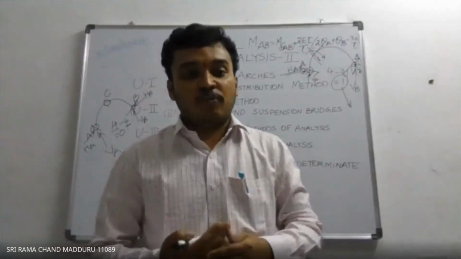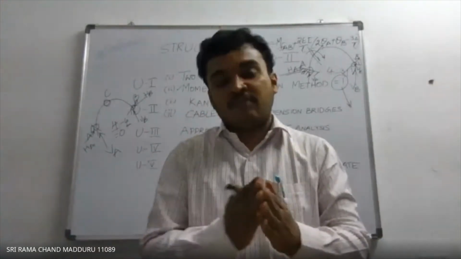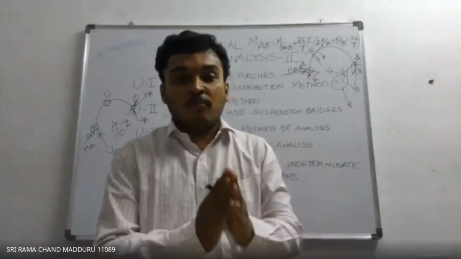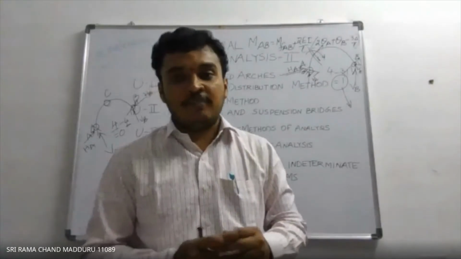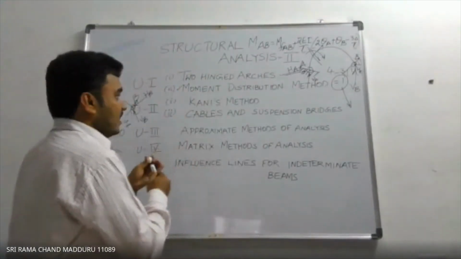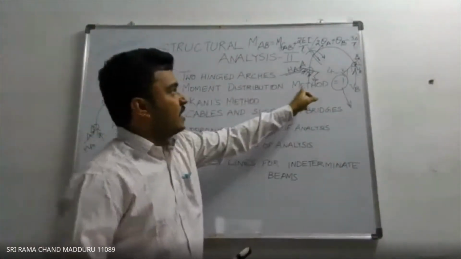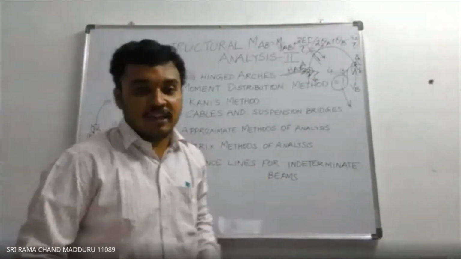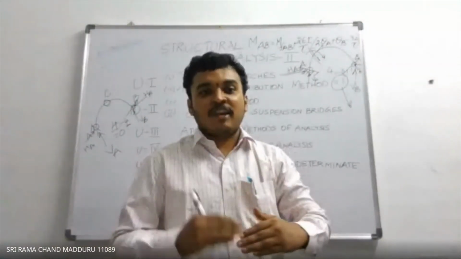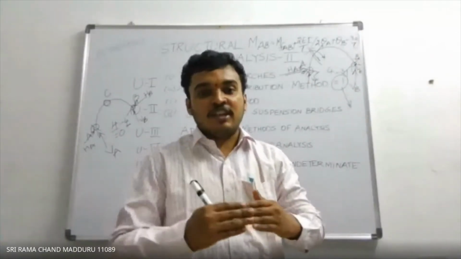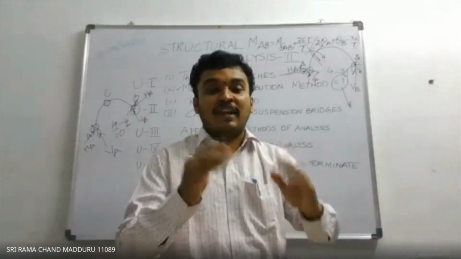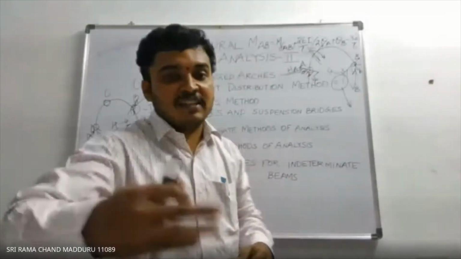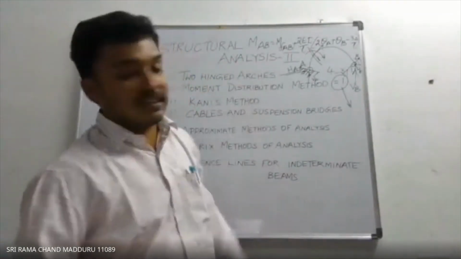That iterative process is done by the moment distribution method. This moment distribution method simplifies the method that is done by slope deflection method. So it will minimize efforts, and within a short time we can analyze our problem. That we will discuss in moment distribution method.